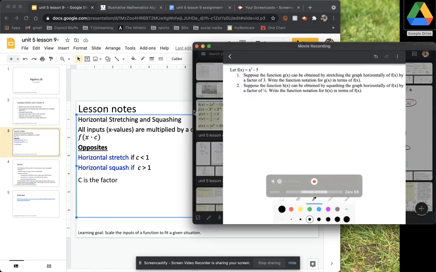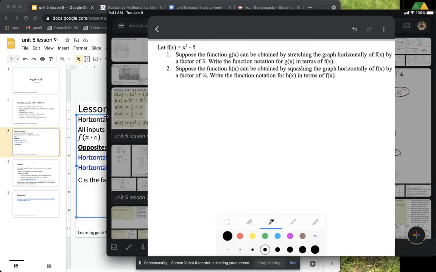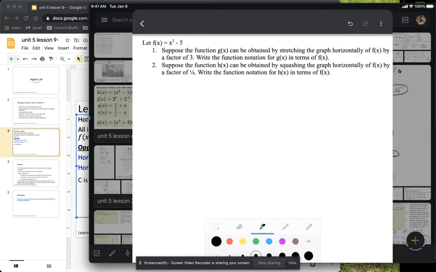So with that in mind, let's go ahead and take a look at our example here. Let f of x equal x squared minus 5. Suppose the function g of x can be obtained by stretching the graph horizontally of f of x by a factor of 3. Write the function notation for g of x in terms of f of x.